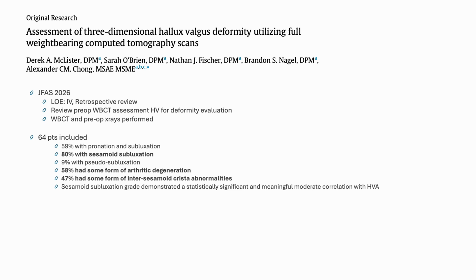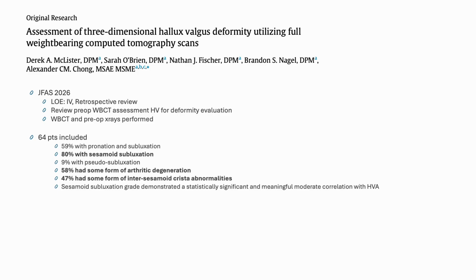I think that's a significant number. And then about 50% of them either didn't have a crista, or it was abnormal, so flattened, or something was not typically what we would normally think of as a crista trying to hold these two sesamoids in it. Whether that was age-related or not, we need to do some more research into that. But in general, about 50% of patients either had some degeneration or abnormal crista, which I think go hand in hand.